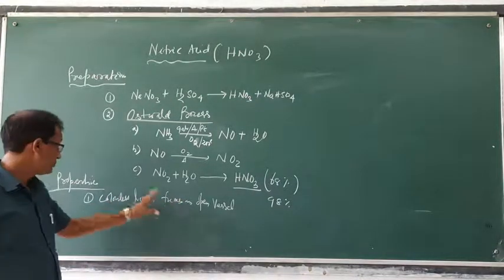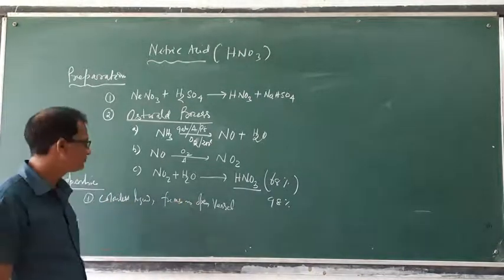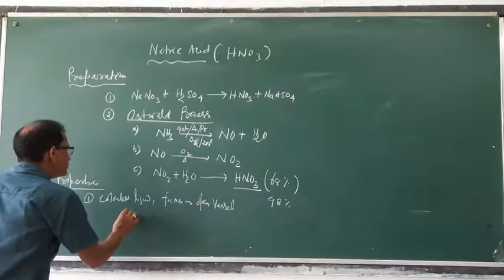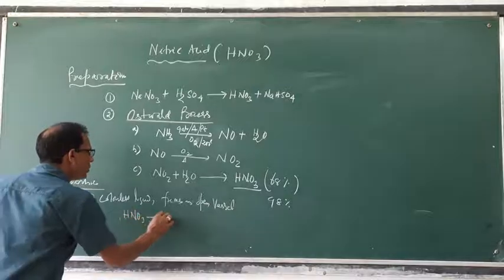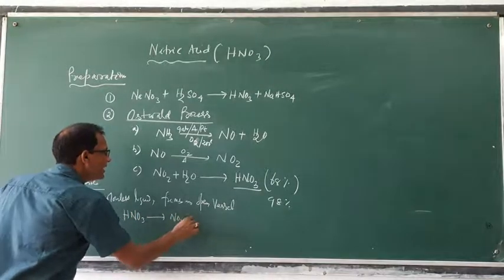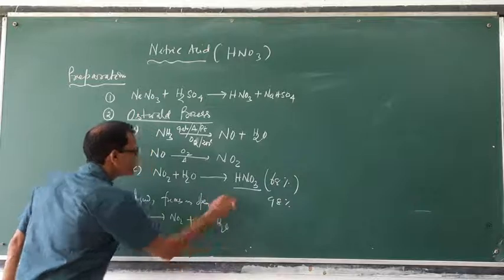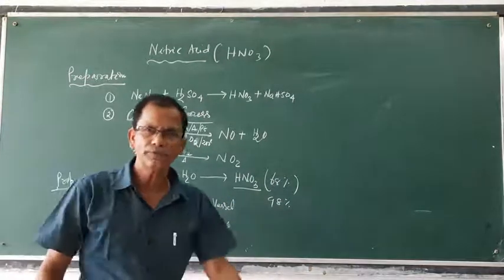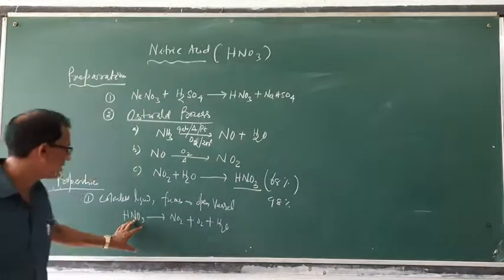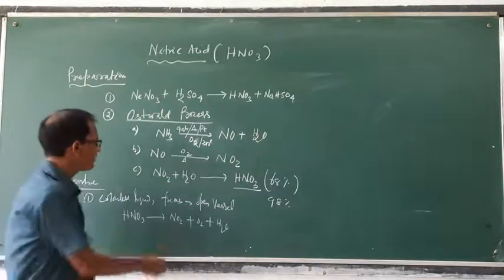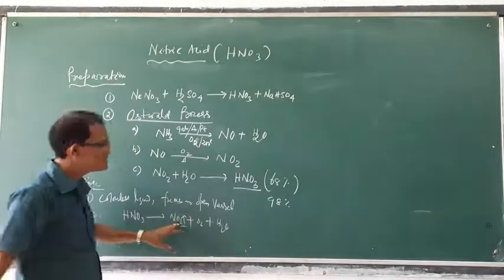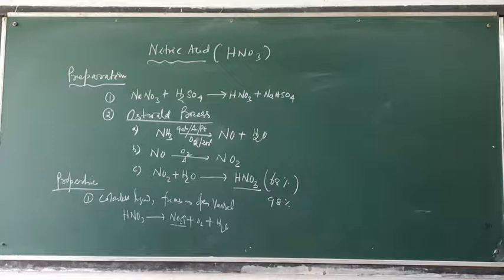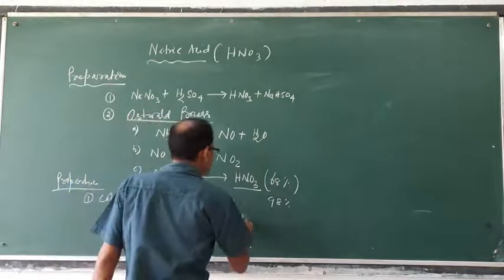But if you keep this nitric acid for a long time, it undergoes dissociation, forming nitrogen dioxide, oxygen and water. That means when nitric acid is kept in a bottle for more days, it undergoes dissociation forming nitrogen dioxide, and this nitrogen dioxide gives the nitric acid a reddish color.